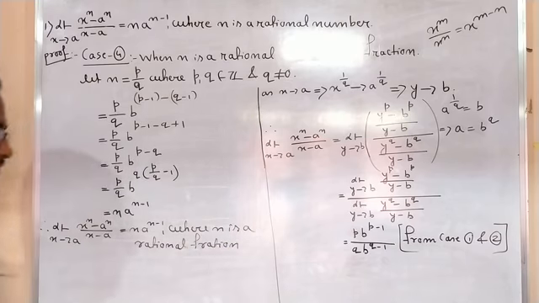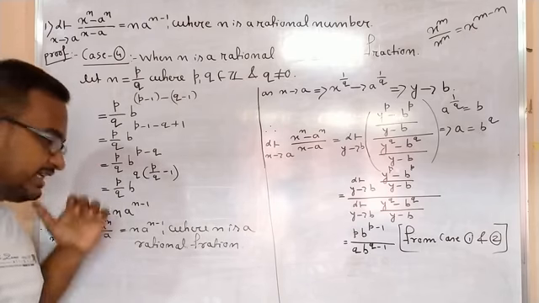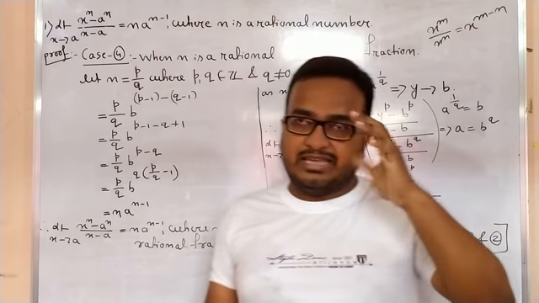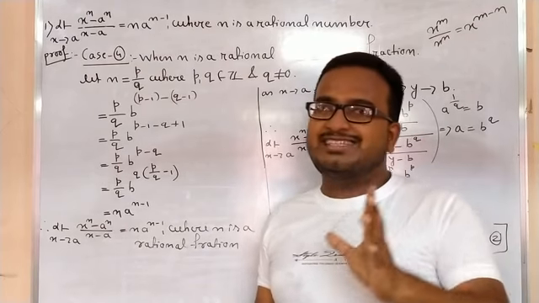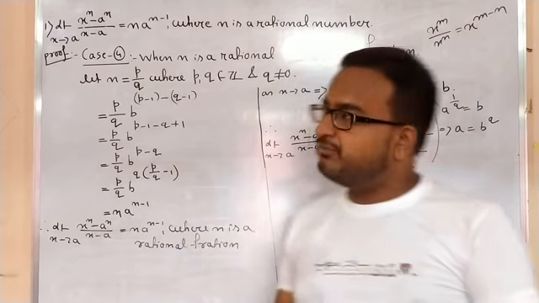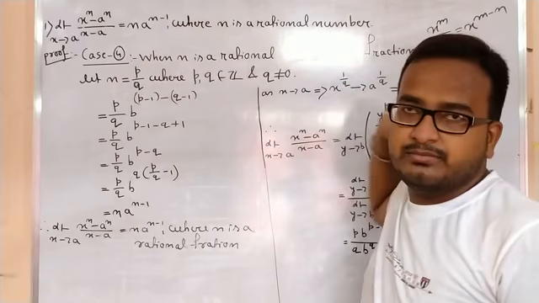Right? So it is done. So finally you have to conclude, you just write in your copy that hence from cases 1, 2, 3 and 4 we have this, where n is a rational number.